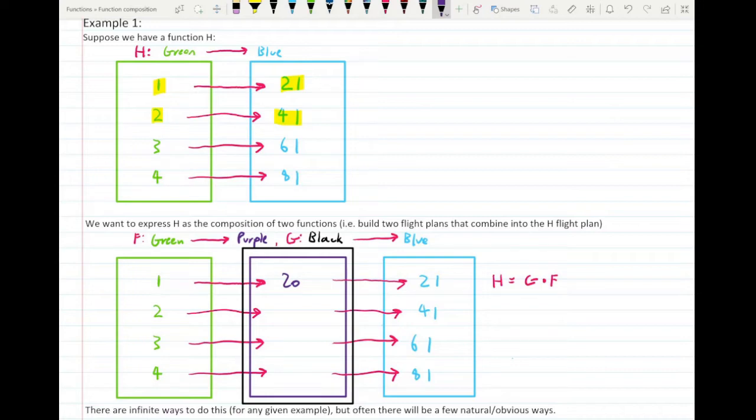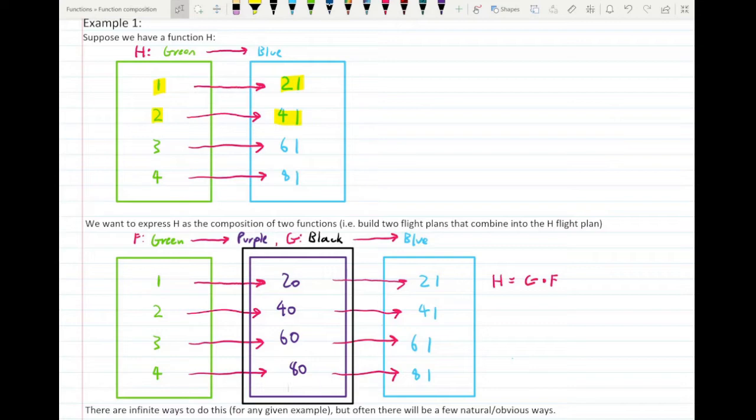So for this decomposition, I'm going to have f map 1 to 20, map 2 to 40, map 3 to 60, and 4 to 80, and then have g map each of those to the final destinations. And you can verify that the function h is equivalent to the combination of these two, to following the f flight plan and then the g flight plan, no matter what airport you start at.